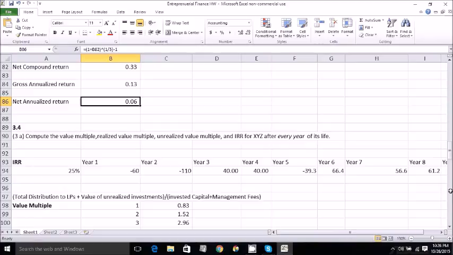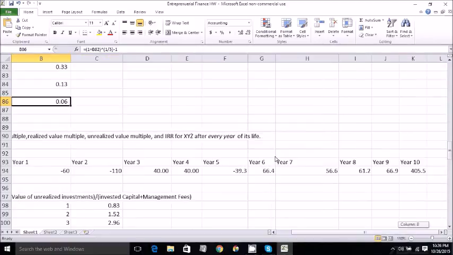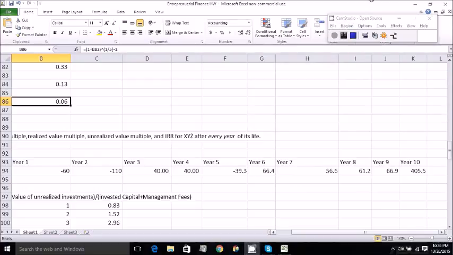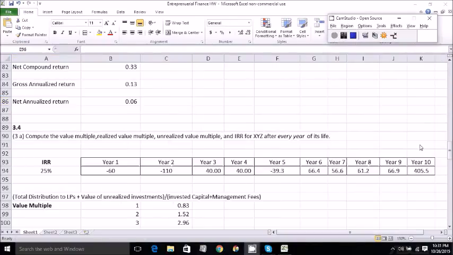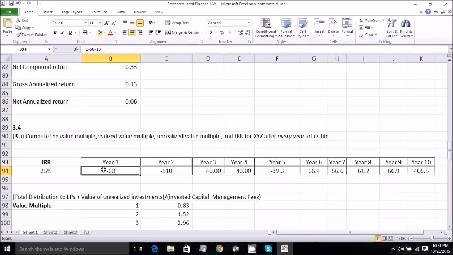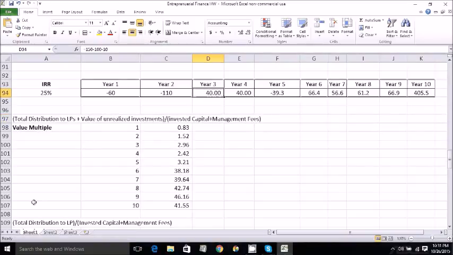My mouse is not working so well, but that's okay. The IRR is 25%, and these are the various cash flows over here. I have some formula here based on what is given in the text. For my value multiple, here's my findings.